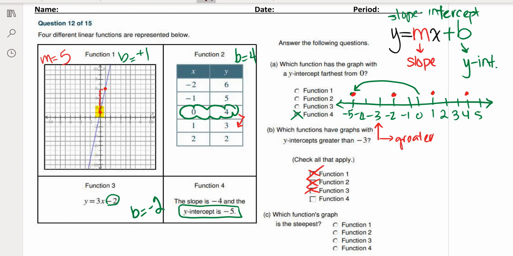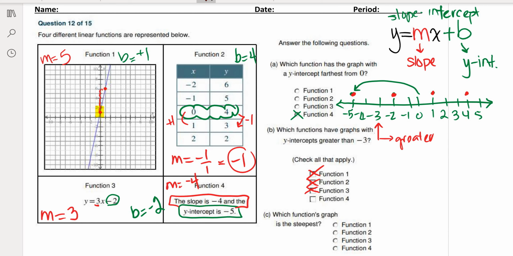On function 2, I'm going to calculate from 4 to 3, that's a minus 1, and from 0 to 1, that's a positive 1. So my slope here, negative 1 divided by positive 1 is negative 1. My slope on function 3 is that number in front of x. That's 3. And in function 4, they told us that the slope was negative 4.